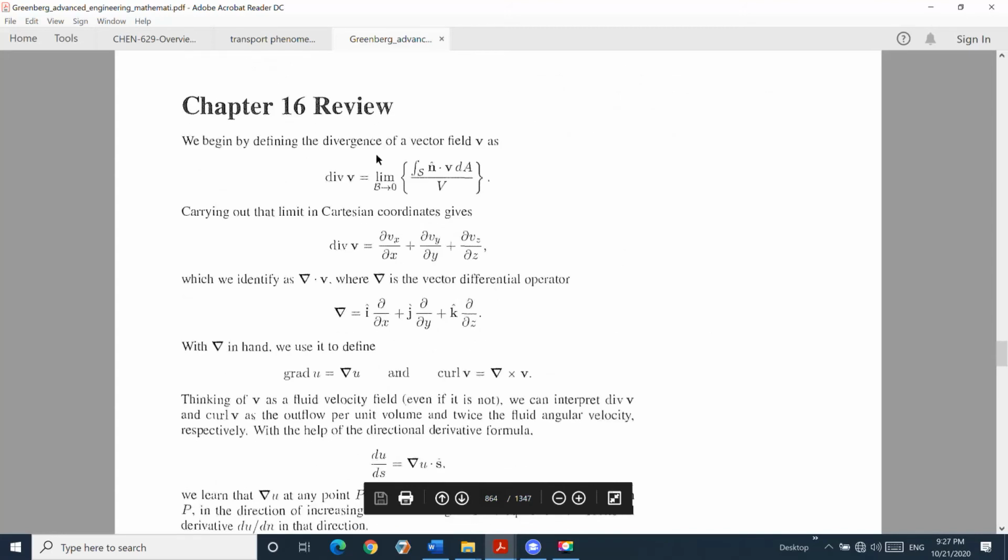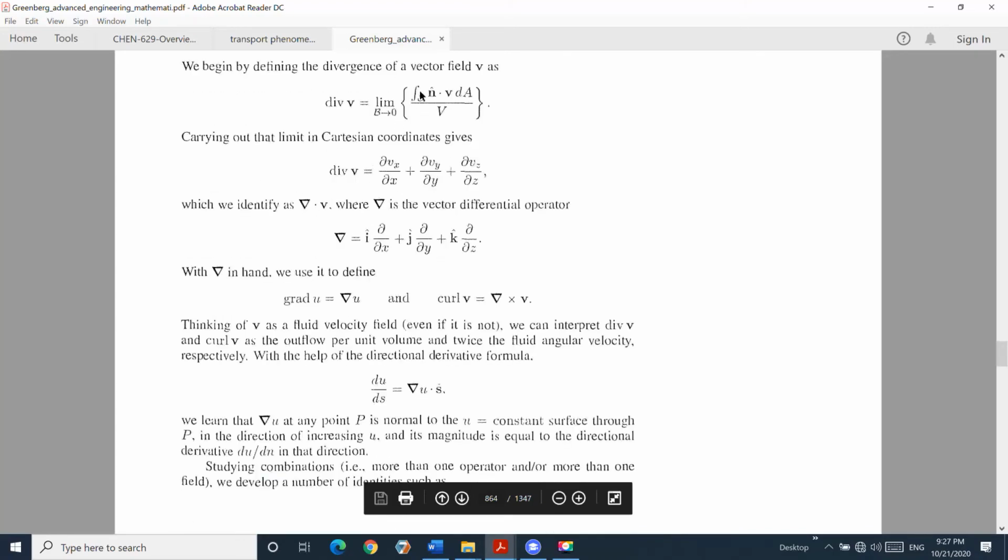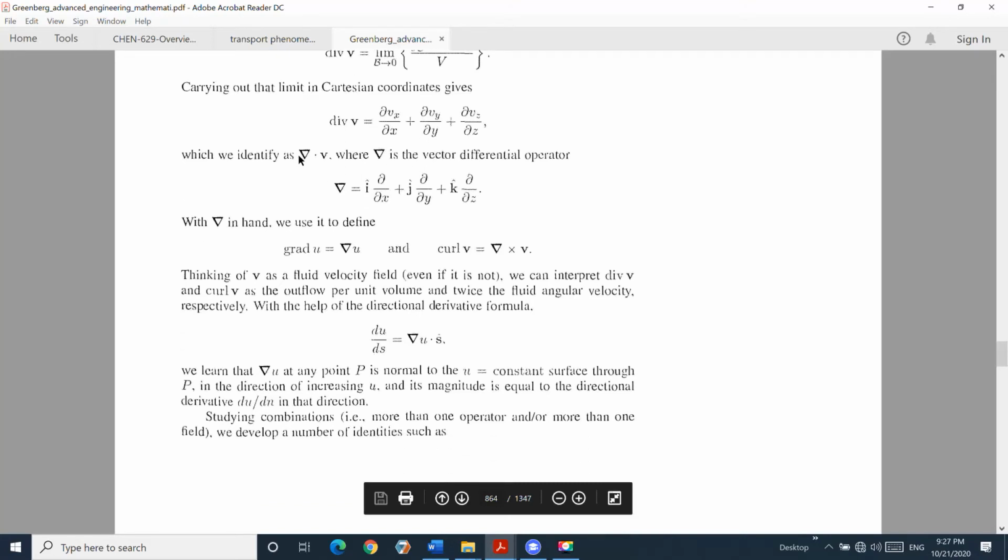Chapter 16 defines the divergence of the vector field V as follows. From here, we get the divergence of the vector field V like this. Then it defines the del operator, the differential operator, another name. So the divergence of V can be defined like this.